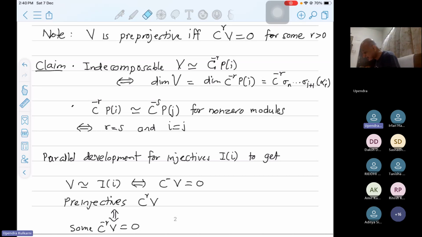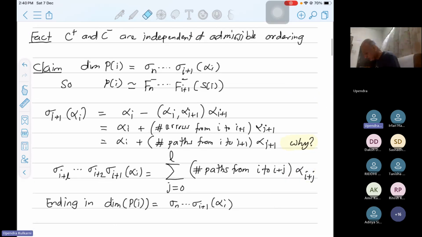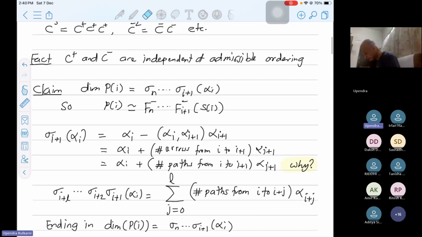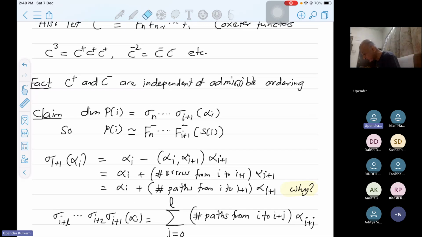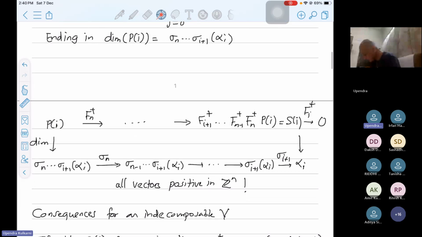And there is exactly the same parallel story. So I'm going to get an analog in terms of dimensions of such things. And so I will get a formula for the injective in terms of the simple. But of course, the functors that I will apply over here will be the appropriate pluses, a chain of pluses.